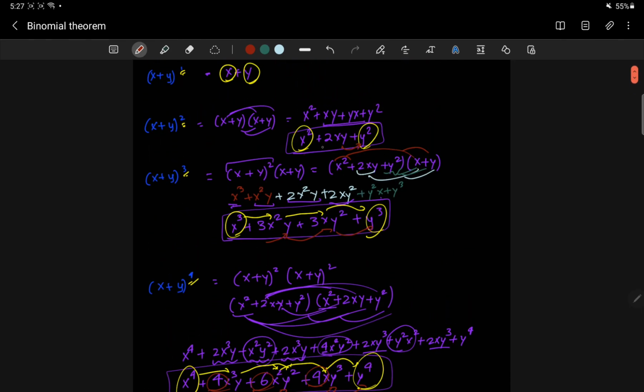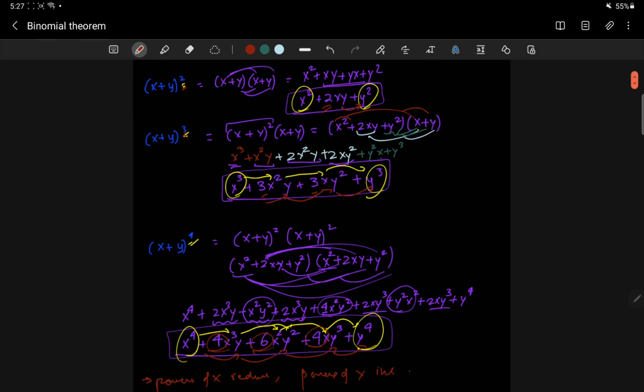It almost looks like this 2 is from this 2 and this 3 is from this 3, but that hypothesis fails in the power 4 because we have a 4, 4, but then we have this 6. So where's that 6 coming from? That's going to be the next goal: understanding where these numbers come from.